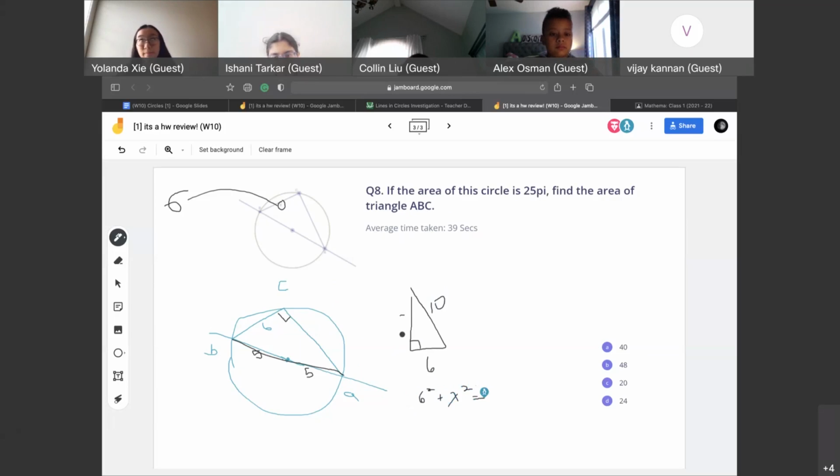So that's 100 minus 36, which is 64, which is 8 squared. So now we know all the sides of the triangle, but we have to find the area. Yeah, that's right, Anushka. So the answer here would be 24 because that's 1/2 times 8 times 6.